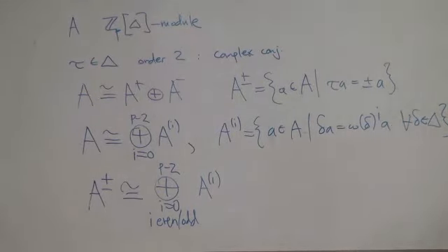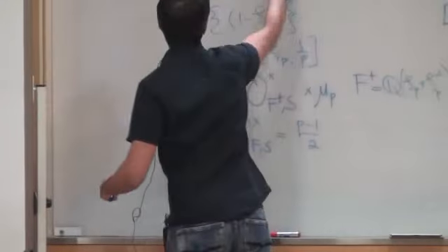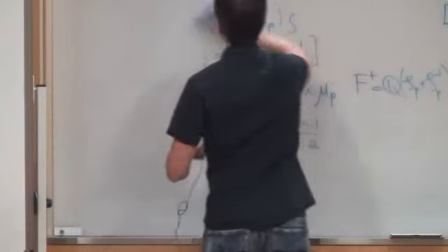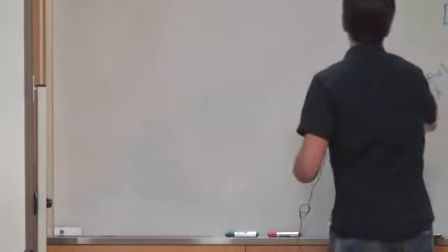Right, so now let's look at the decompositions of these particular groups, first under complex conjugation. From what I've already said, we have the following relationship.